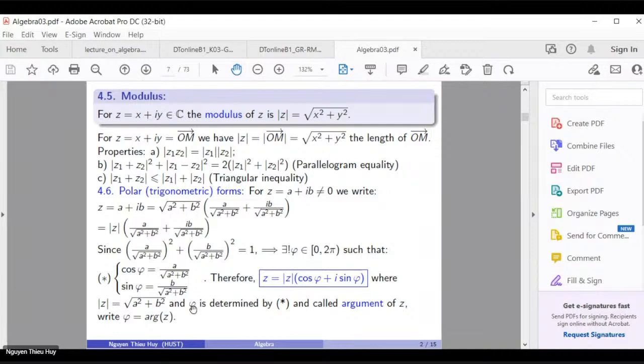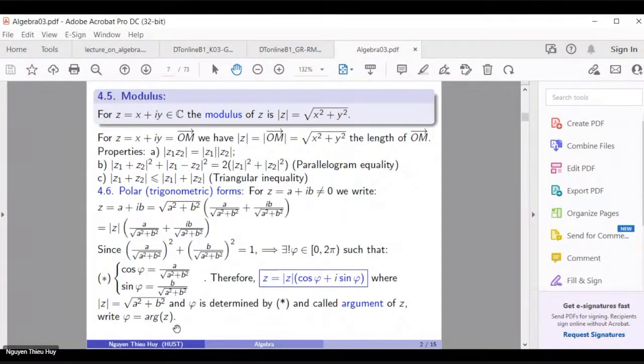And phi is determined by this system, which we denote by the notation star here, right? And this phi is called the argument of z. We can write arg of z, so argument of z.